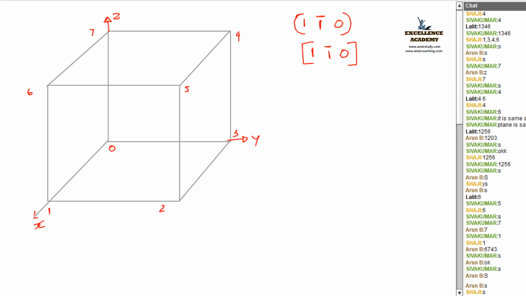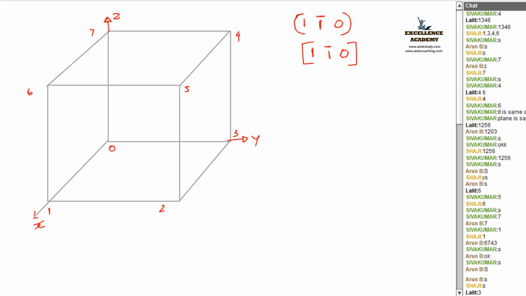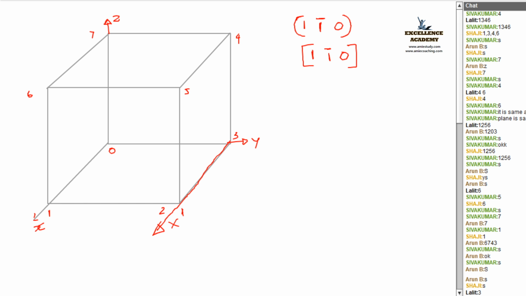Dallas says that it is 3. What about others' opinion? Yes, it is 3 because y is having the negative value. So this is my new origin. This is my x dash, this is my y dash, and this is my z dash.